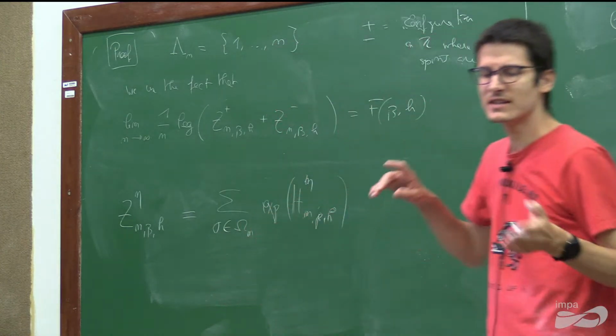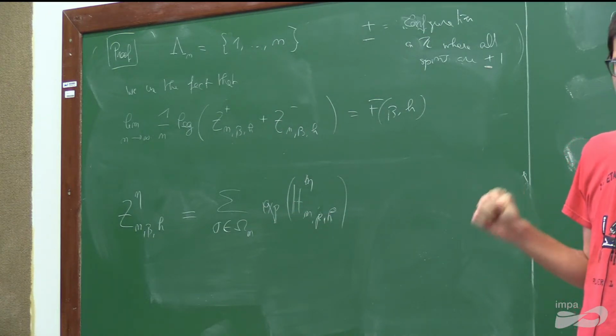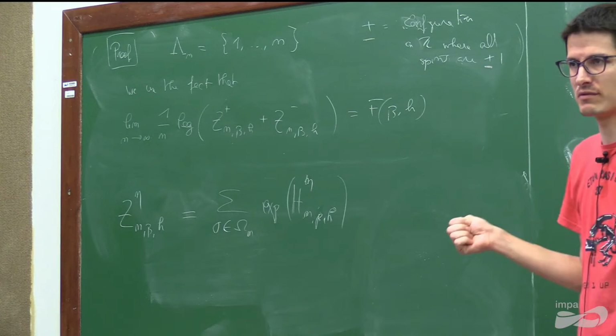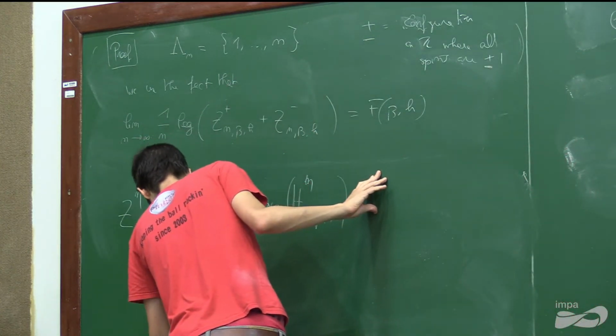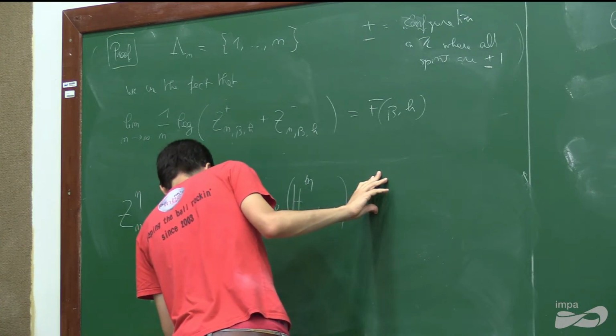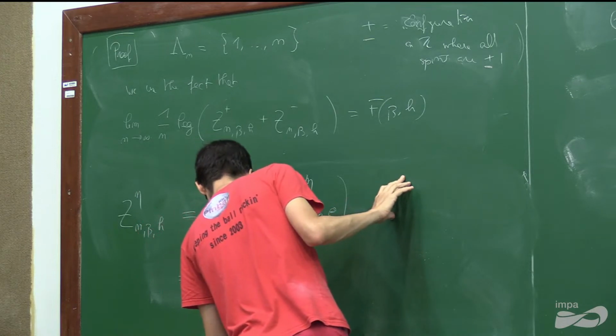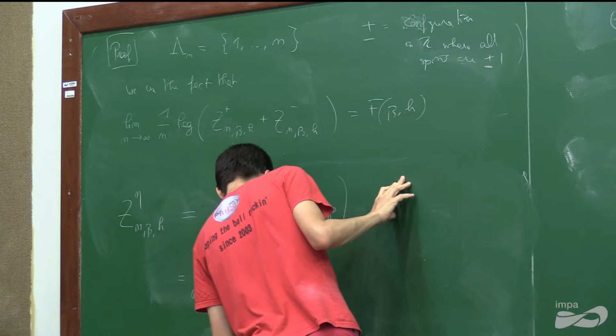I can write this sum as n sums. I just sum over the value of σ_1, sum over the value of σ_2. So this is the sum over σ_1 in {-1, 1} times, up to the sum over σ_n in {-1, 1}.